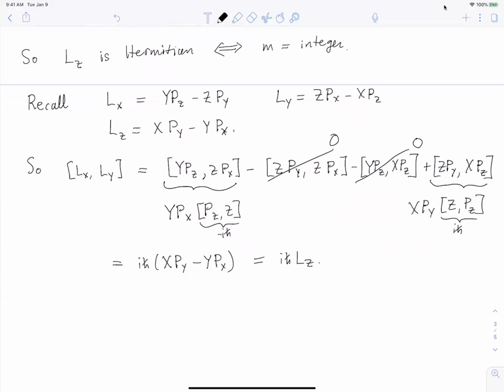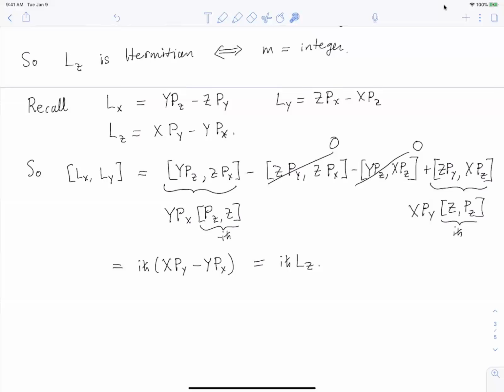So the commutator of any position operator with its momentum is i h bar. For example, yes, I mean, how you went directly from Lx, Ly to those y p z, z p x. So I understand you have those right there. I mean, how did you do it so fast?